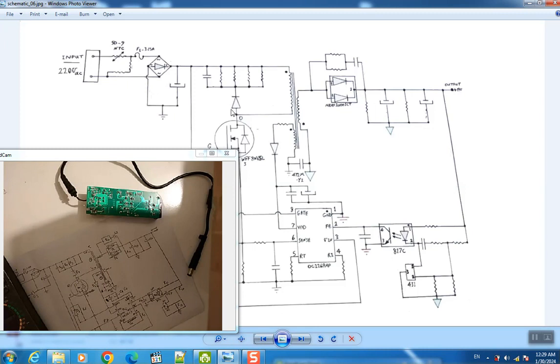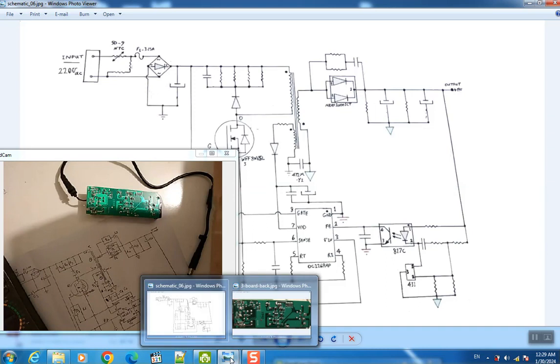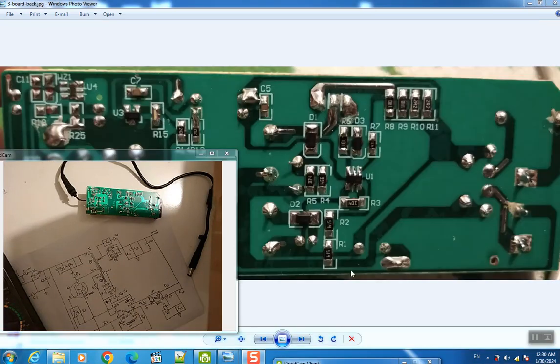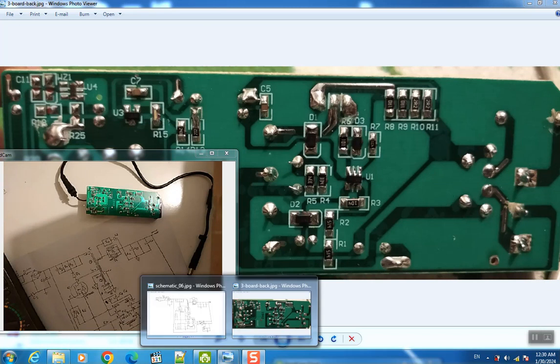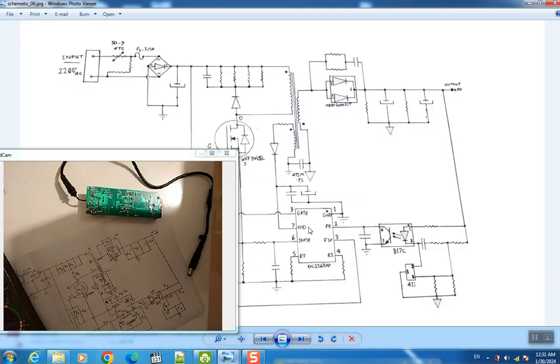So this is D1, and I write down D1 here on the paper. Oh, this resistor, which is connected to the sense pin of unit 1.